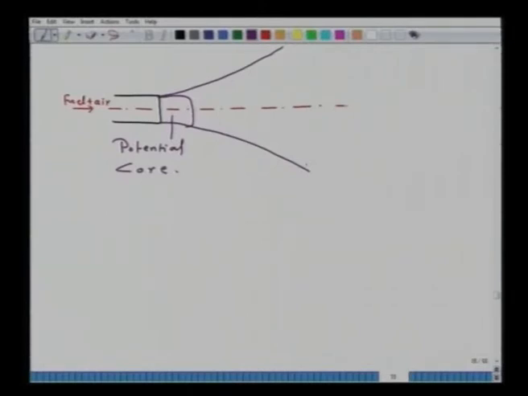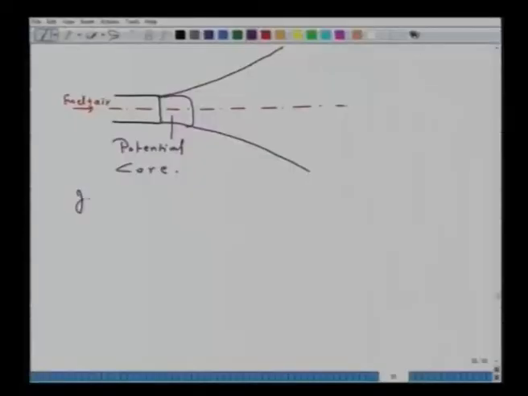So, when this mixture passes, the jet of air and fuel spreads. The jet spreads due to entrainment of surrounding.